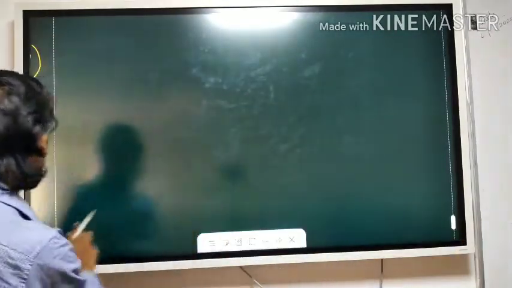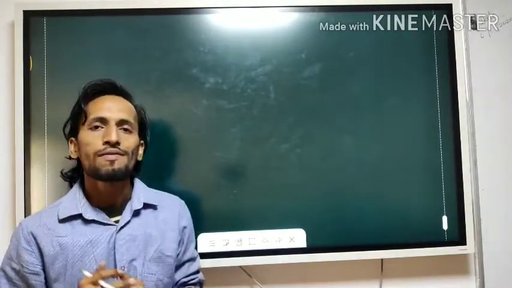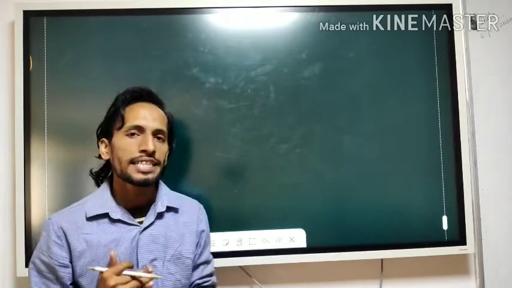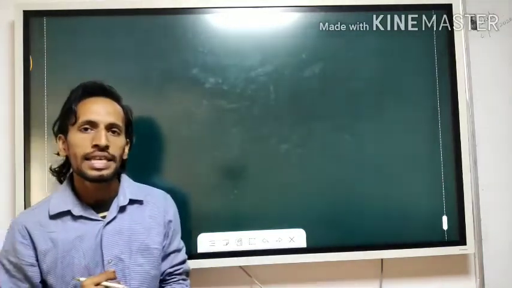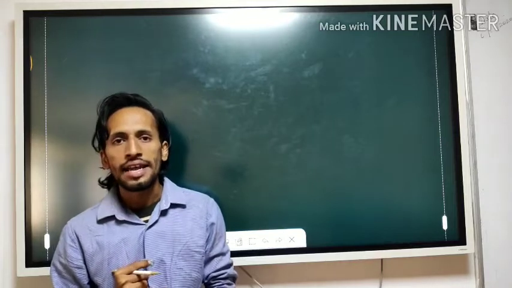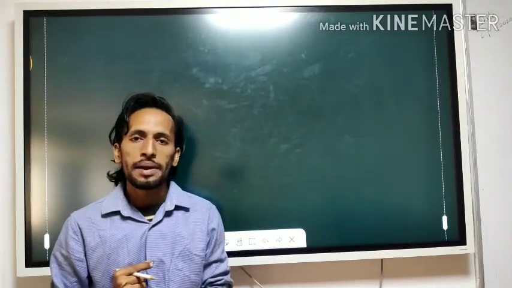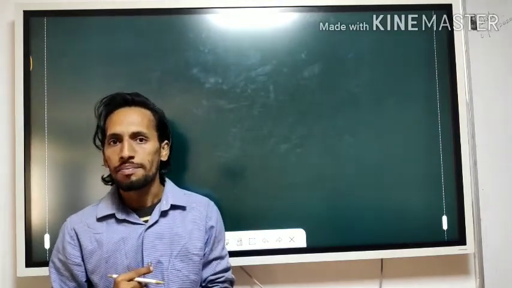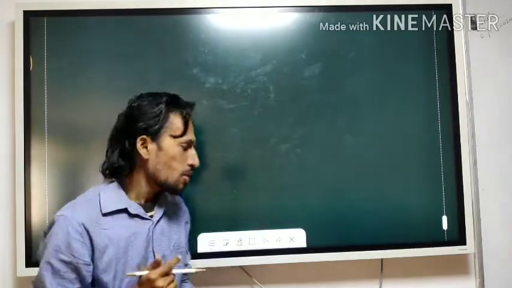So let's say when water flows inside a catchment or inside a basin, how are these hydrographs affected by the shape of the basin?